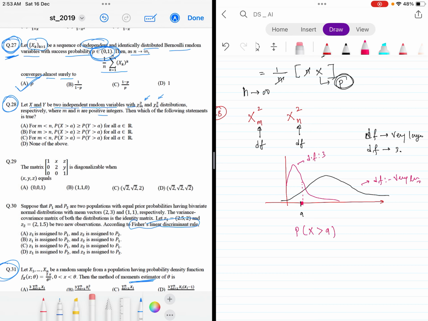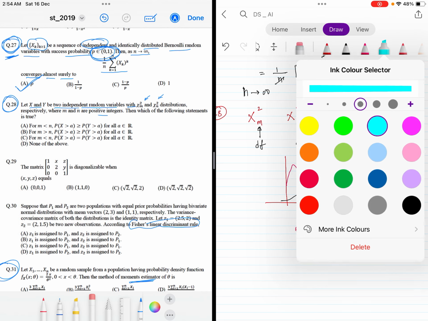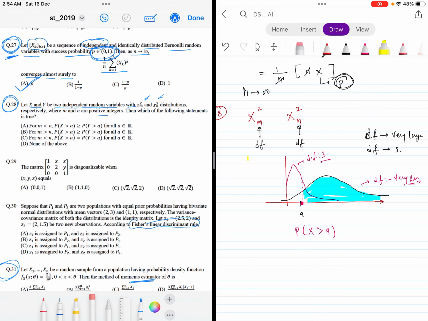So let's check for both cases, right? For a very large degree of freedom and a small degree of freedom. For the very large degree of freedom, this is the area, or this is the probability you will get, right? And in case of the smaller degree of freedom, this is the area you are getting, right? So this yellow one, the probability will be less.